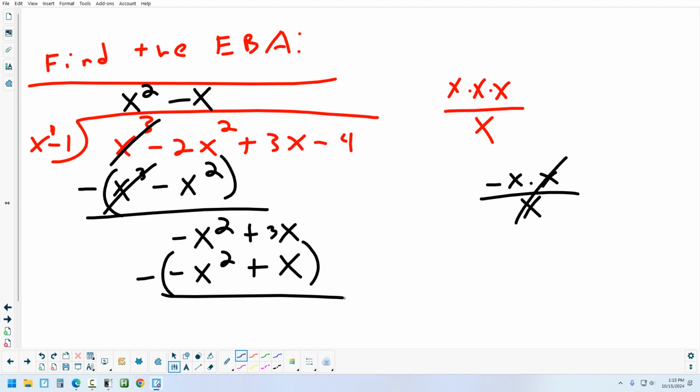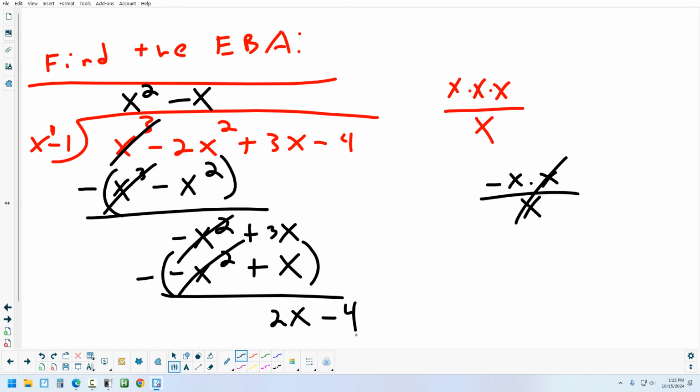Negative x squared minus negative x squared is 0. What's 3x minus 1x? 2x. And bring down your next term. If there's a number without an x at the end, will that always be the remainder? In this kind of problem, yes, because you'll never be able to have it with an x.